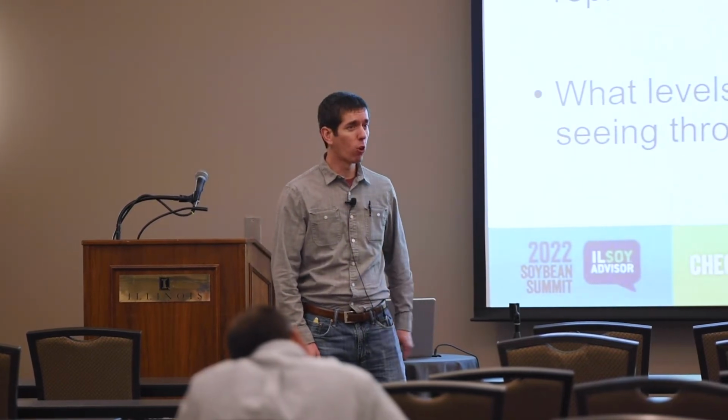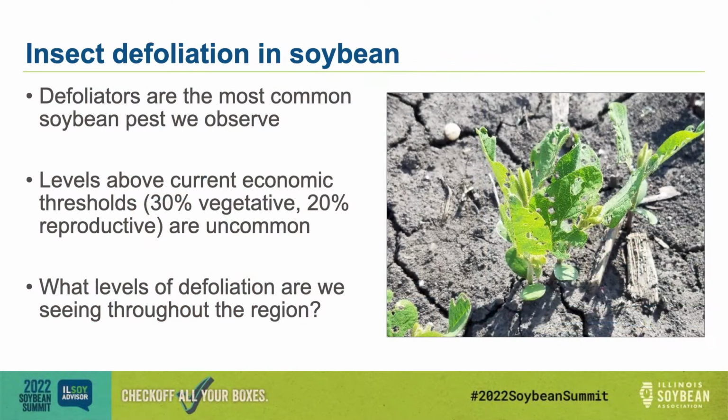Our economic thresholds have been 30-20 for years and years. We'll look a little bit at how that gets adjusted as prices go up, or how it should get adjusted. Then we'll talk about what we're actually seeing throughout the region.